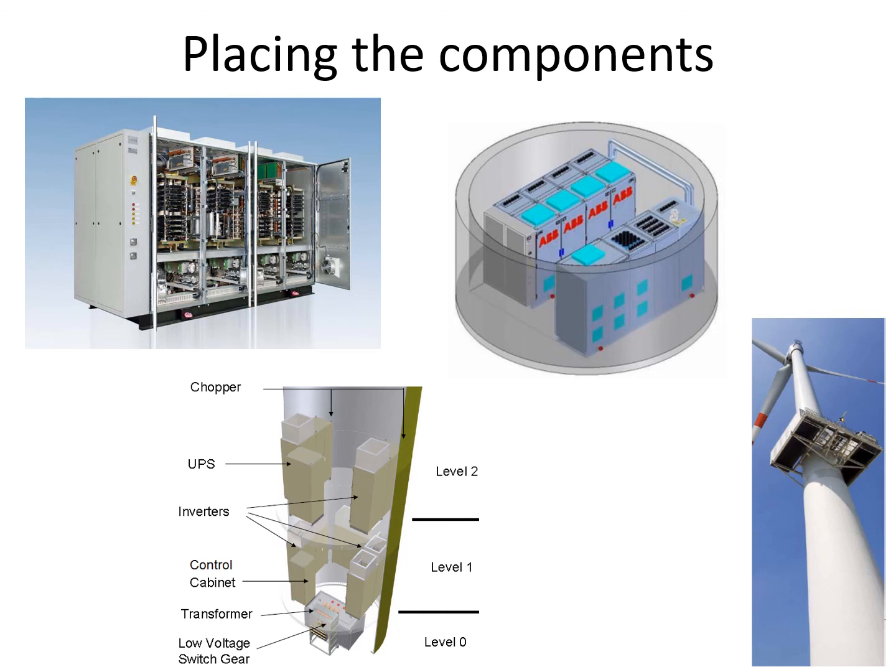Another important aspect when designing power systems is how we place the components. For example, in a wind turbine, this picture is showing how much you can pack into the tower of the wind turbine. You see uninterruptible power supplies here, and all kinds of electrical inverters, and control cabinet, and transformer, and a switch gear.